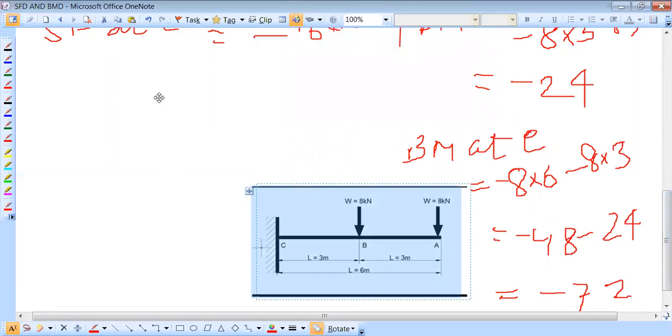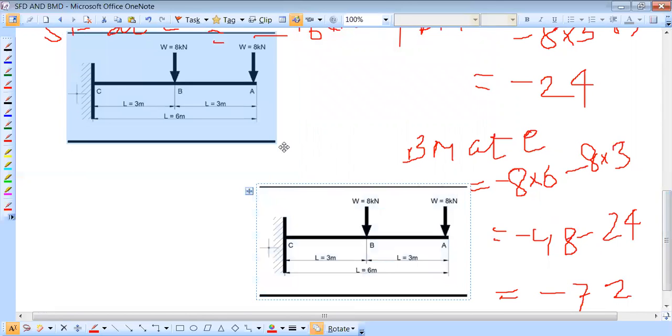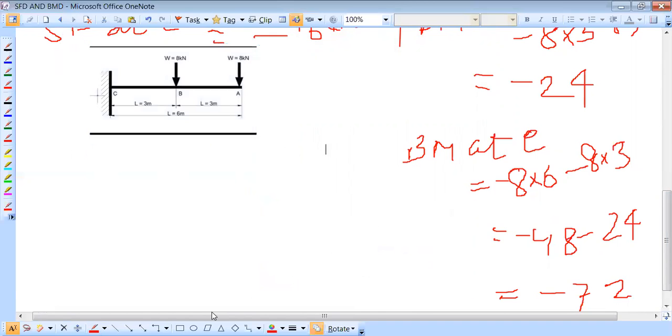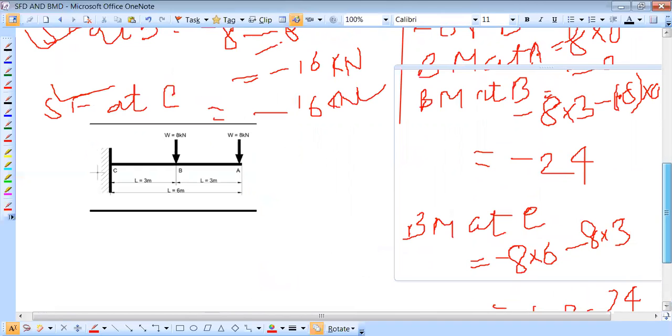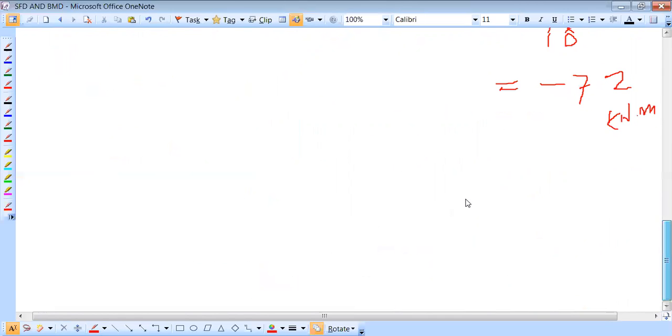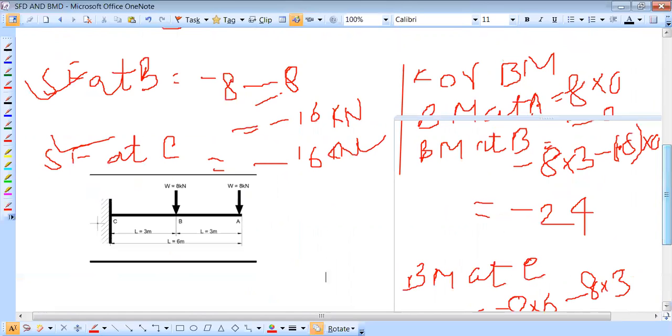If you take it here, then you can easily understand how to draw the SFD and BMD. Here take a beam. First of all you draw the loaded beam.